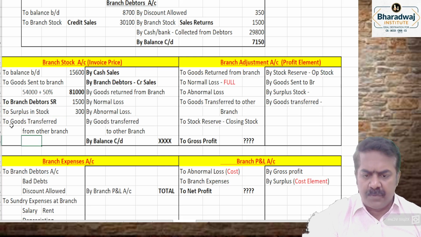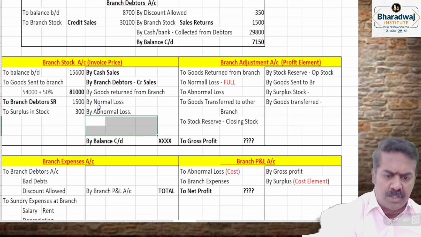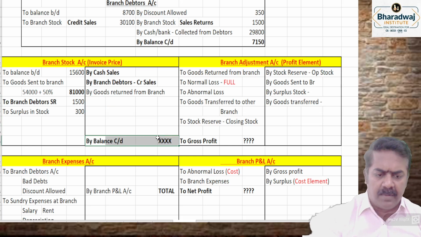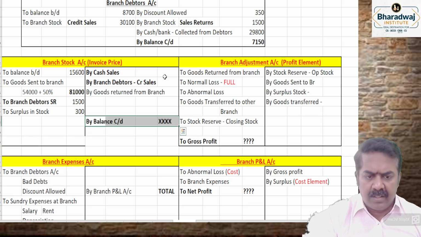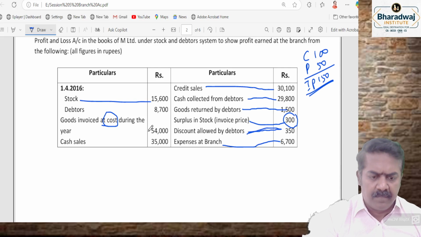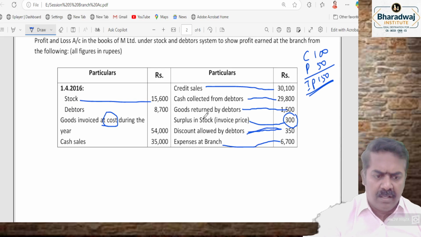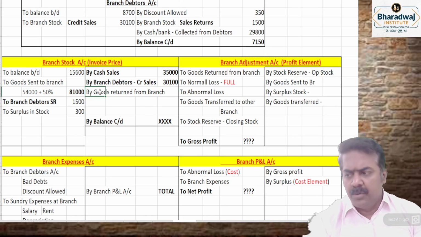No goods transferred from other branch. Goods transferred from other branch, goods transferred to the other branch, abnormal loss, normal loss, etc. are not available. Cash sales, how much is available? 35,000 cash sales. Credit sales, 30,100. Any goods returned to head office?